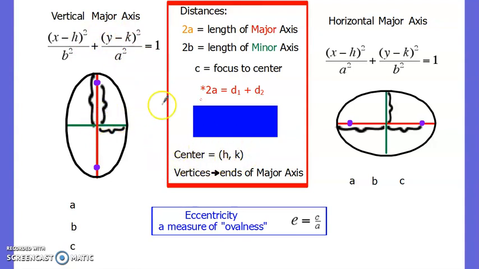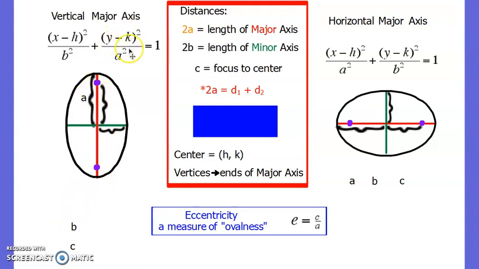Now realize that (h, k) is not a point on our ellipse, it's just the point in the center of the ellipse. The points on the ellipse are defined by those distances out to the edge. If we work our way straight up and down on that vertical major axis, we would call that our a value in our equation.